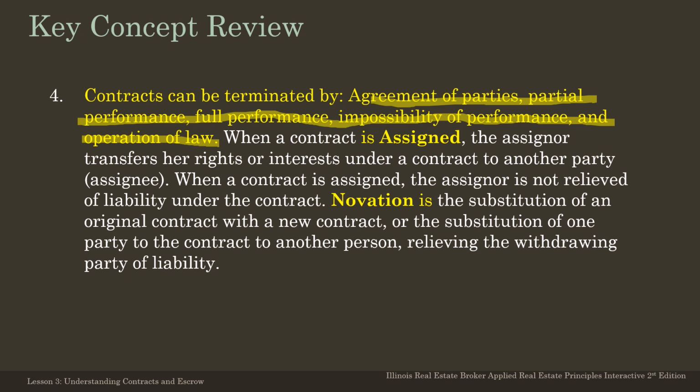It's the same contract. You just assigned it to somebody else, and then you're released of liability. Novation, your portion of the contract as a purchaser, let's say, is terminated because another contract comes in and replaces you. So your contract has basically been relieved.